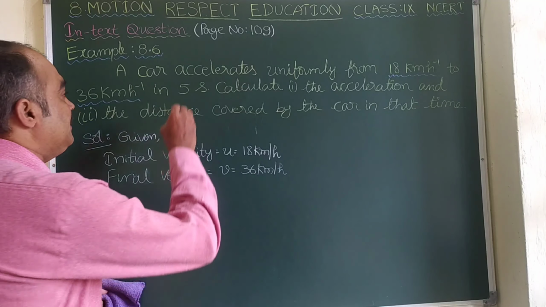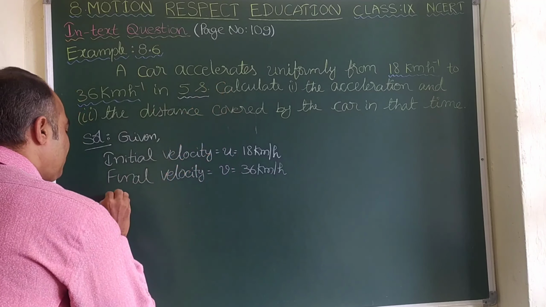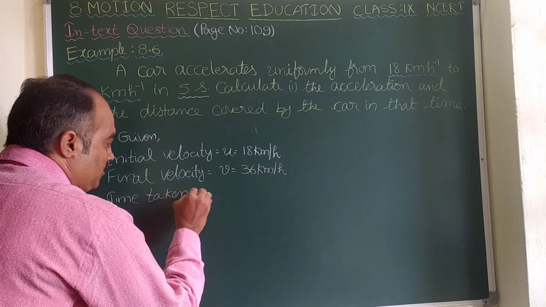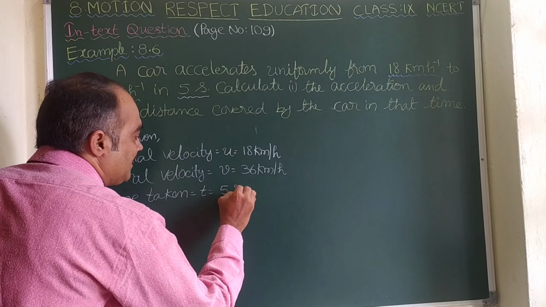Now the given time is 5 seconds. Time taken, denoted by small t, is 5 seconds.